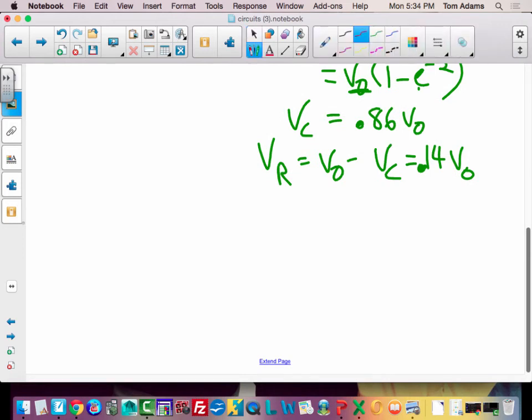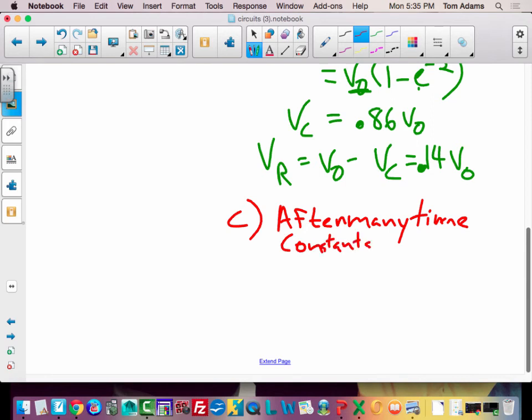And so now for part C, it wants to know what it would be after many time constants. Well, now after many time constants, the capacitor is really fully charged.